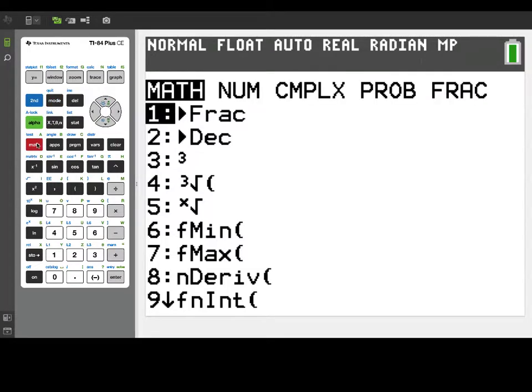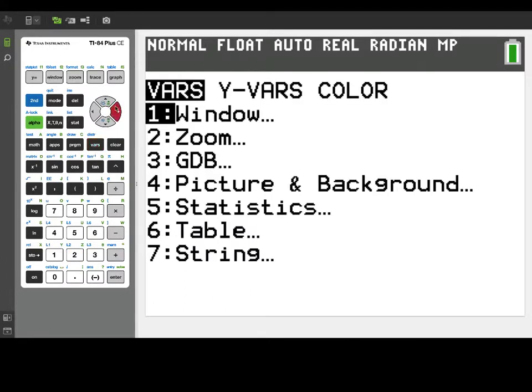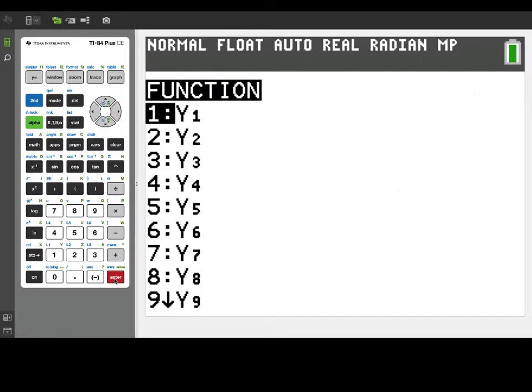Let's pull up the math menu, and down there at the bottom, number 9 is our integral. And we bring that up, we get the nice integral template. Our region runs from x equals 0 to x equals 2, and we'll be looking at the upper curve minus the lower curve. That'll be y2 minus y1.